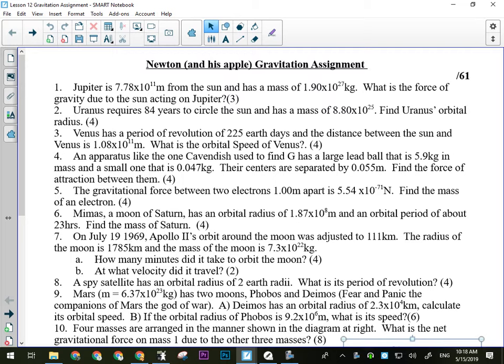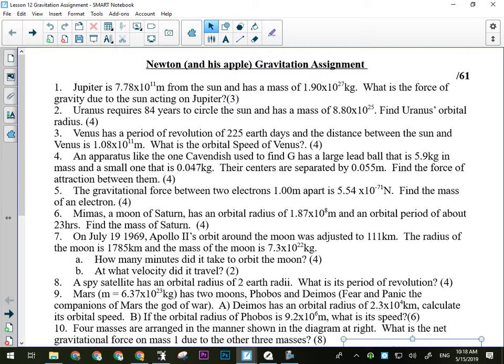There are 13 questions. Some of them will take you virtually no time at all. Some might take you a little bit longer. But I think in general, you shouldn't have too much trouble getting the bulk of this completed in class today. Make sure you look at the point values, because they'll tell you about how much work should be required for each one. Like for examples 1 and 2, don't overthink those. They're not terribly difficult questions.